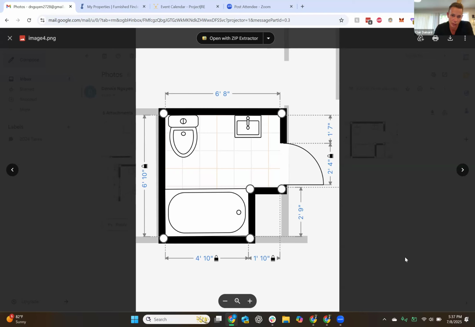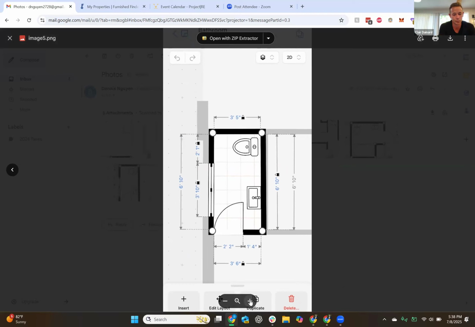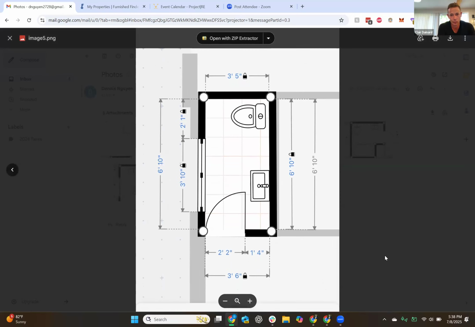And then on the other side, we have 6'8".